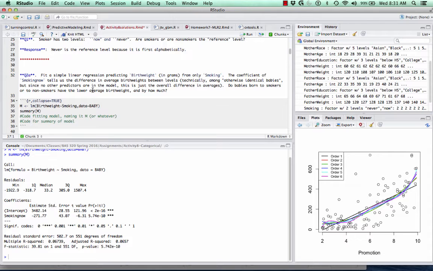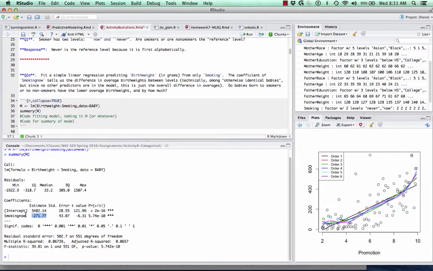We only have two levels here, so it's the difference in average birth weights between smoking mothers and non-smoking mothers, after accounting for all the other predictors in the model. In this case, since there's only one predictor, the coefficient is just telling us the difference in average birth weights between mothers who smoked and mothers who didn't.